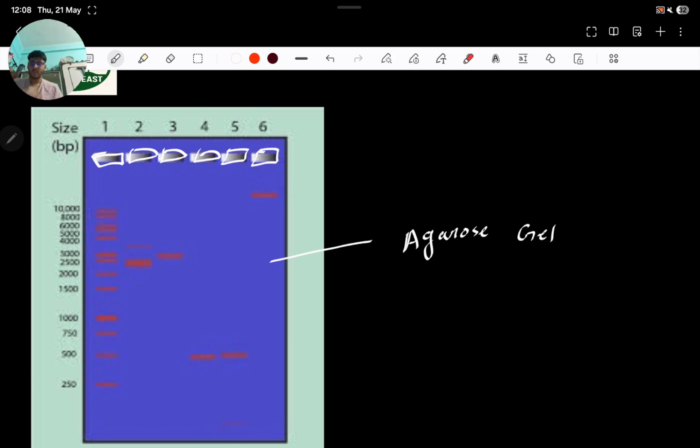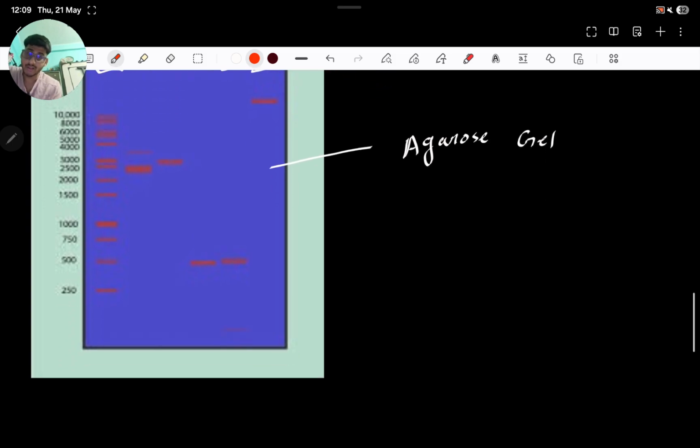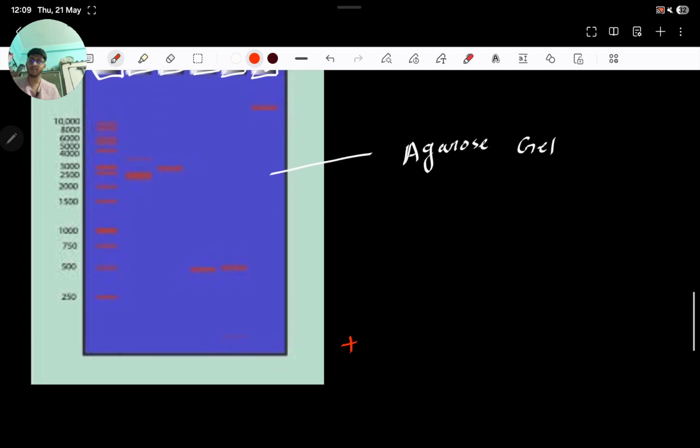Inside these wells, we insert the DNA. There can be many types of DNA. You know, all the genes are nothing but DNAs. So we insert the DNA. Now the DNA will run from the negative end to the positive end.